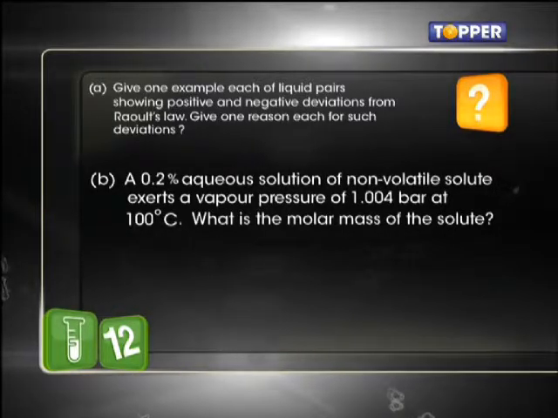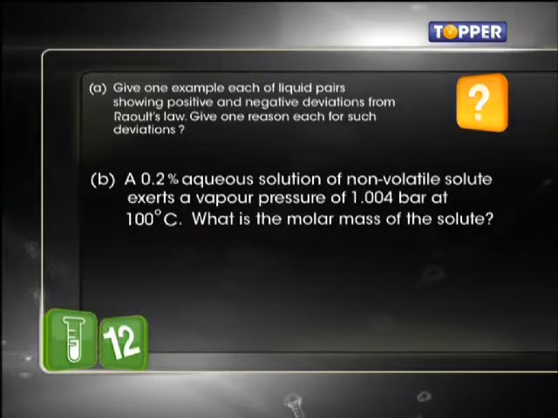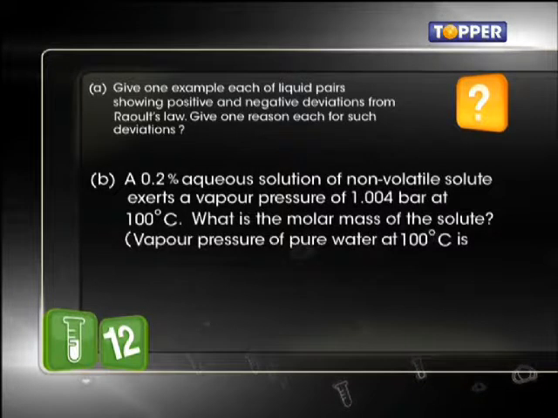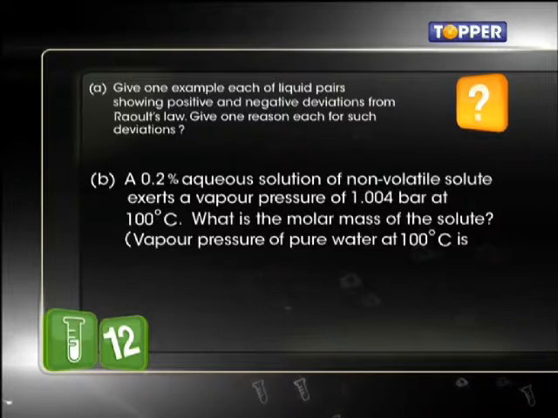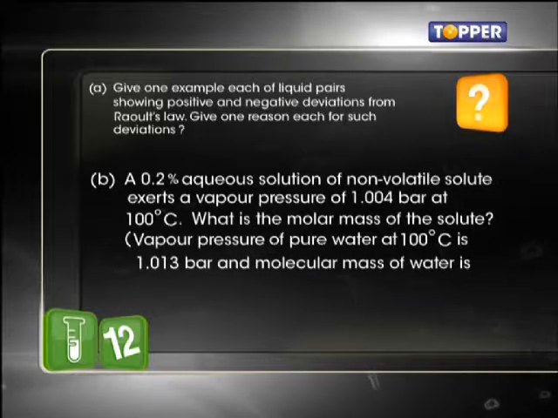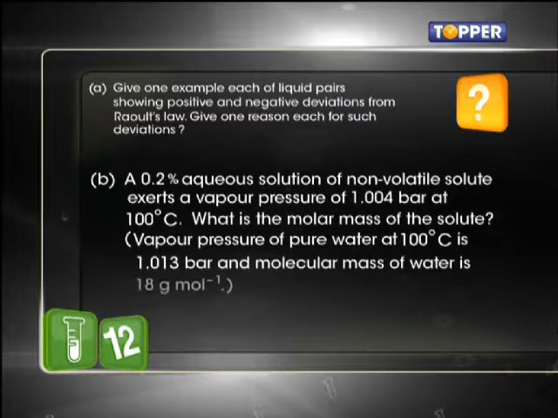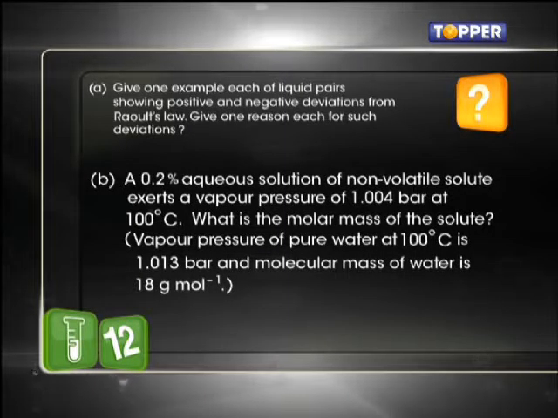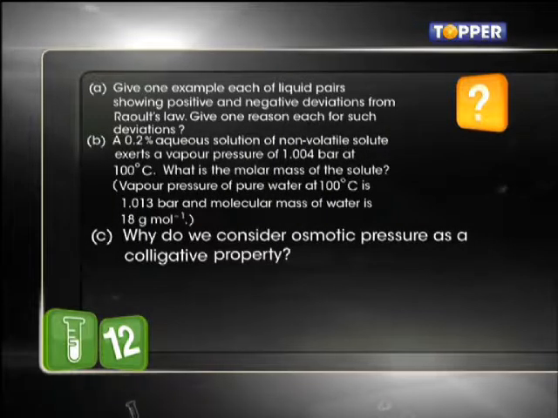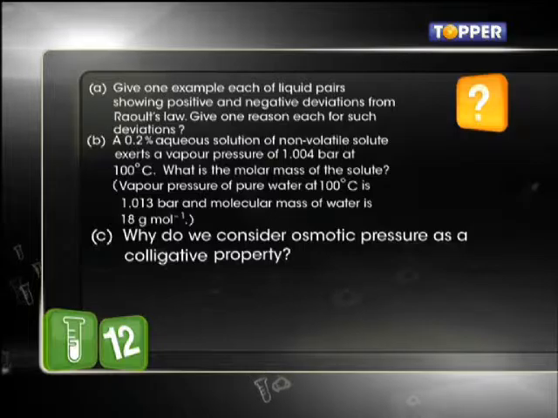So, find out what is the molar mass of the solute. To solve this, you should know that the vapor pressure of pure water at 100 degrees Celsius is 1.013 bar and the molecular mass of water is 18 grams per mole. Lastly, find out why we consider osmotic pressure as a colligative property.